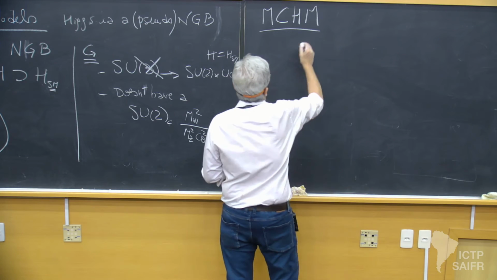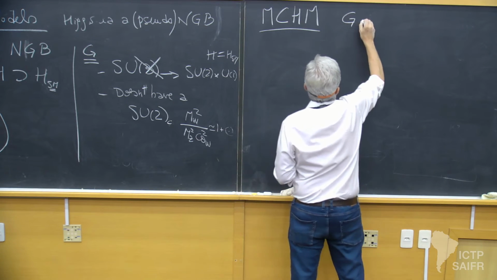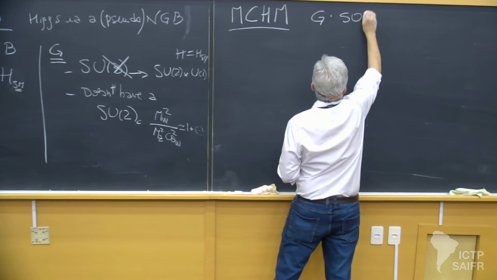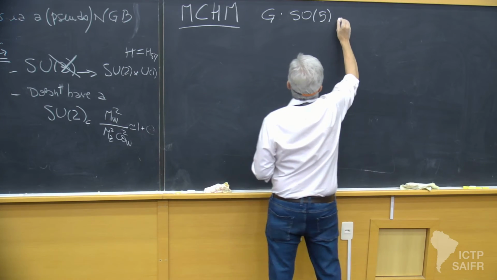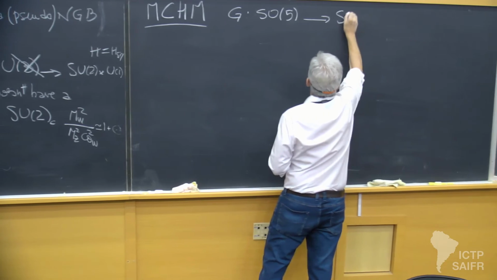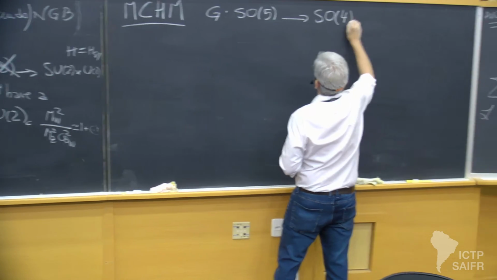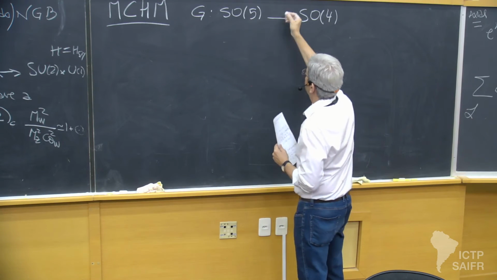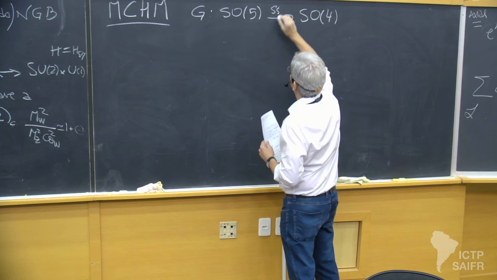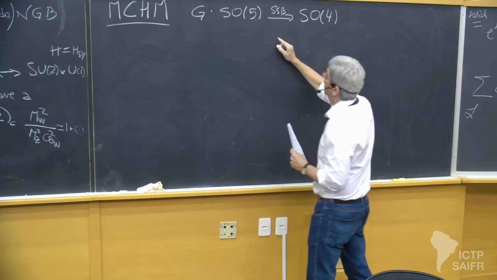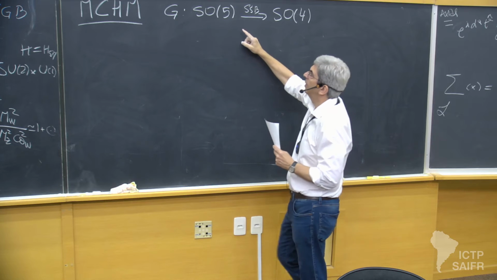And so G is SO5, and it's broken down to SO4. So that's the spontaneous breaking, okay, of this global symmetry.